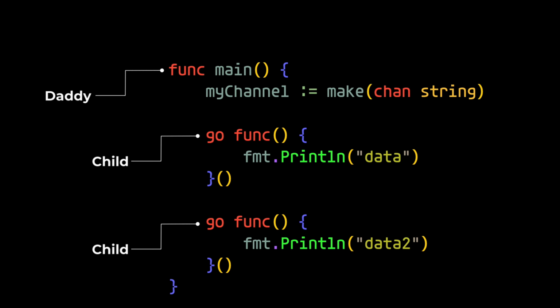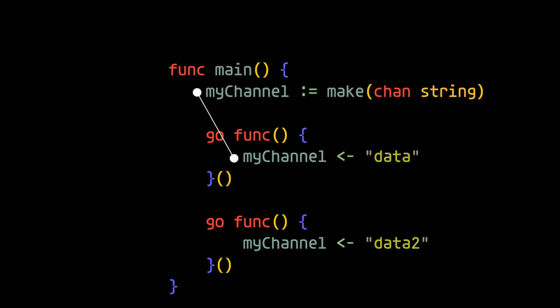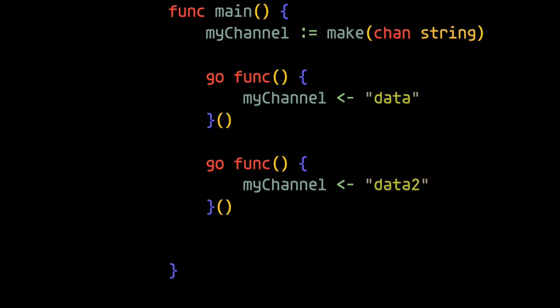Now, instead of directly printing the data, let's put it onto the channel that's linked to the main function. We can then have the parent Goroutine or the main function await communication from its children before completing its execution by reading from the communication channel that we created above and assigning the resulting data to a variable.